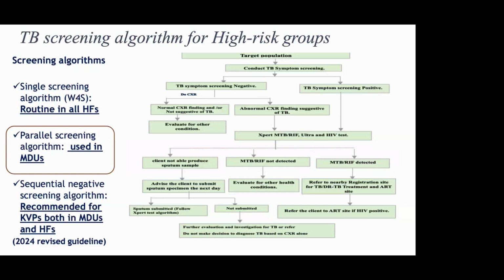We then switched to a sequential model. Why? Or people would ask. We figured, well, this isn't research. And what we want to know is, do we need to investigate further or not? So we couldn't see a reason why we should continue to do these things in parallel if the 4 symptom screen already said yes. So we would start with a 4 symptom screen. If it says yes, there's no need for us to do an x-ray.